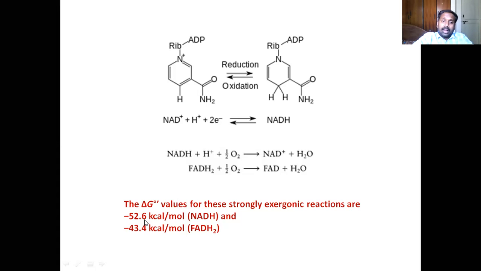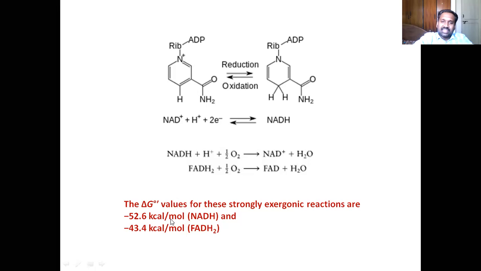Now, when 52.6 kilocalories per mole is liberated when NADH is oxidized, what do you think of the spontaneity and the exergonic nature of this reaction? Too much, huge. But with this huge exergonic reaction, a lot of energy is liberated, and the cell also sees an opportunity. What is the opportunity here?